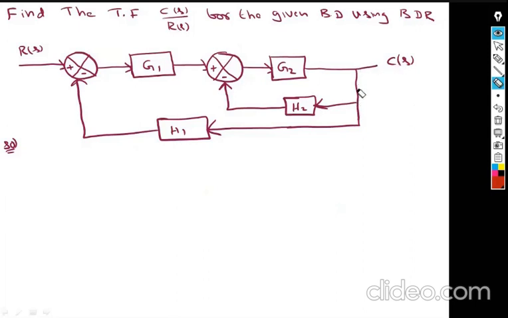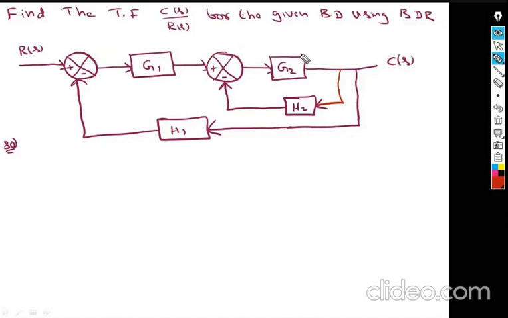C of S. From here C of S comes, and here also C of S, the same signal is coming. So for the sake of simplicity, I can write it like this. As a first step, I can redraw the diagram like this.